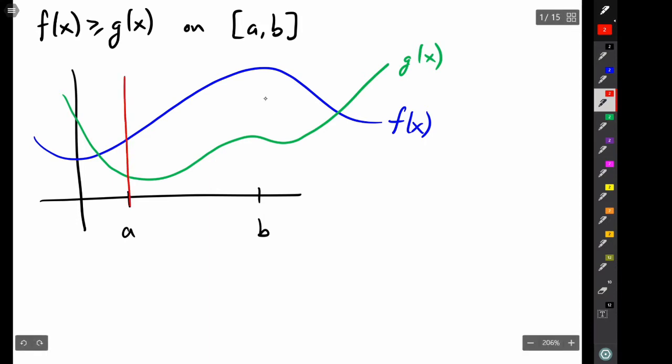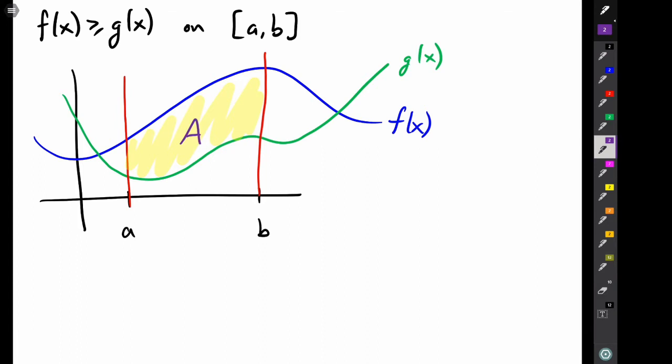So here's a, and here's b. Between a and b, f is always on top, g is always on the bottom. What I want to ask is, how do we find this area A? How do we compute that?